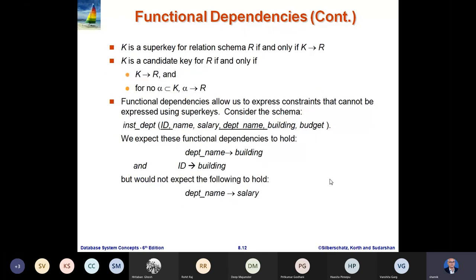Whether this budget is for a department name and building combination or for a department name itself, we database designers will not know. So when we talk to the stakeholders, they will tell us that they maintain budget for every department for every building. That is how we get to know what the functional dependencies are.